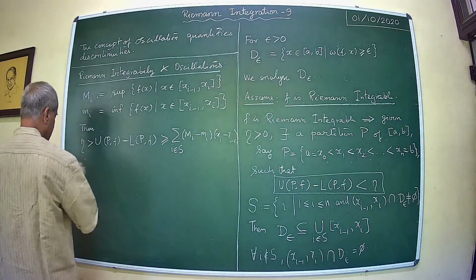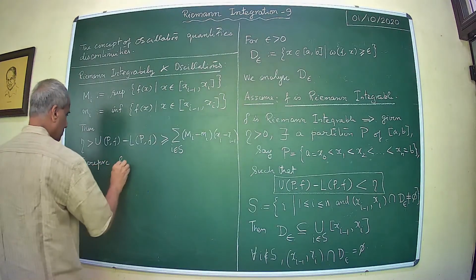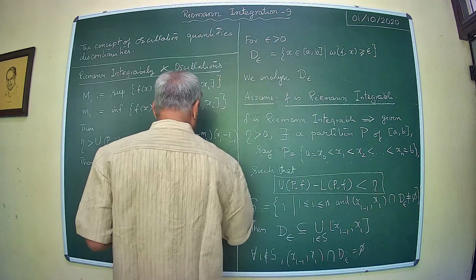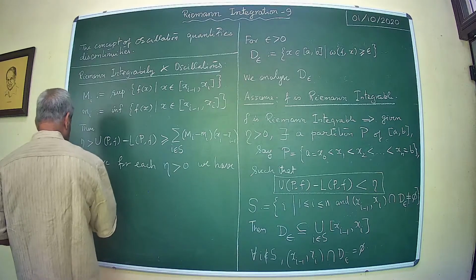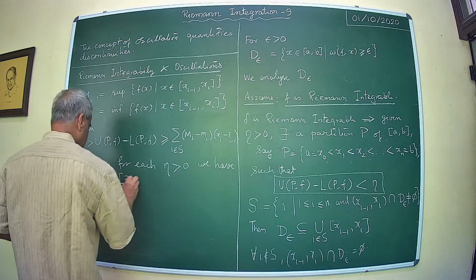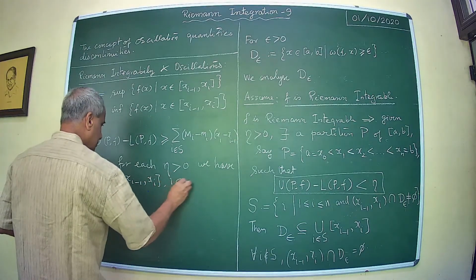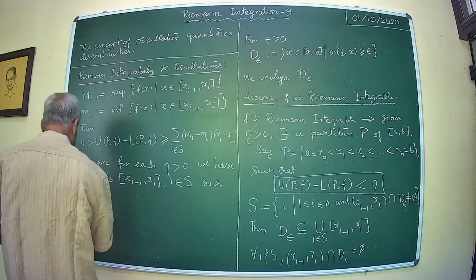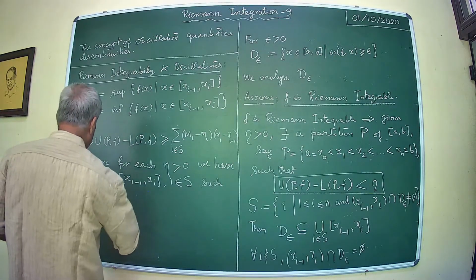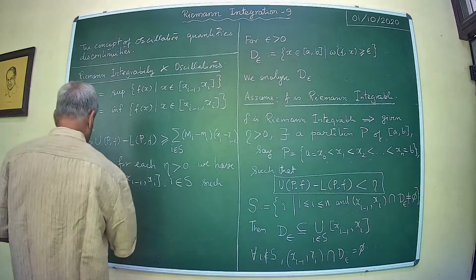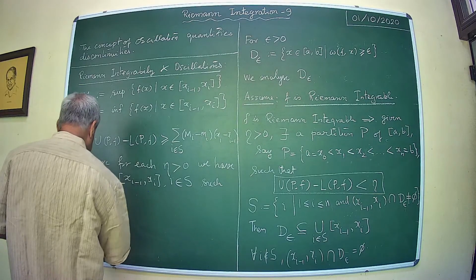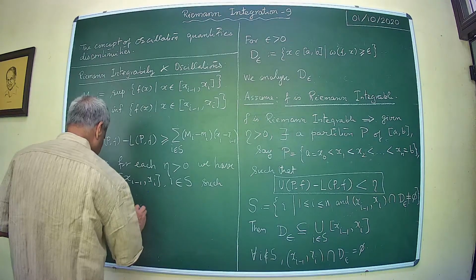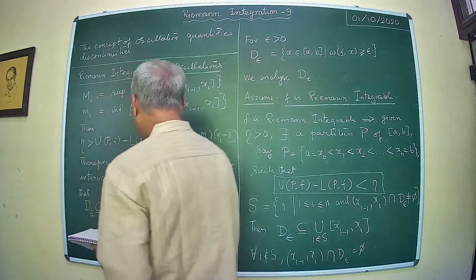Therefore, for each eta positive, we have intervals such that D epsilon is contained in the union over i belonging to S of the open intervals, and what more?